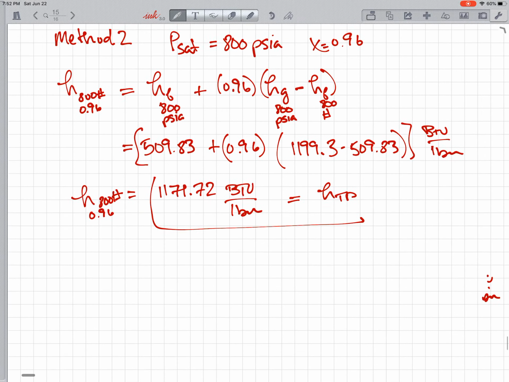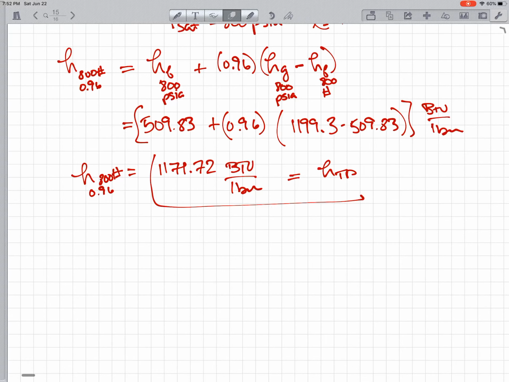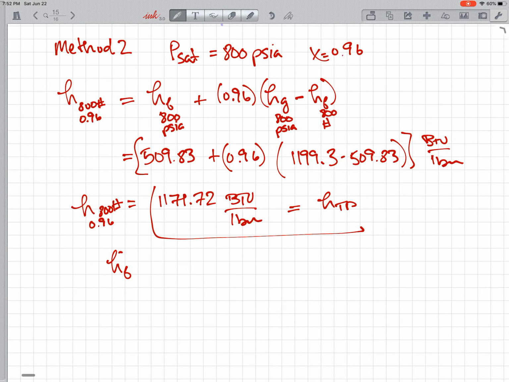Okay. Well, we will go ahead and carry on with the problem, see if we get a better answer for temperature. All right, so the HF. So remember, we're going down to 20 psia with an enthalpy of 1171.72.